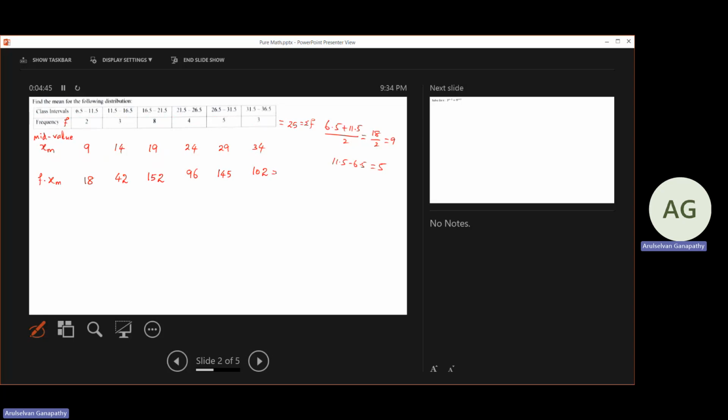And here all these things, let's total. 18 plus 42 is 60, plus 152 is 212, plus 96 is 308. So we just have to total all these things. How much you get?